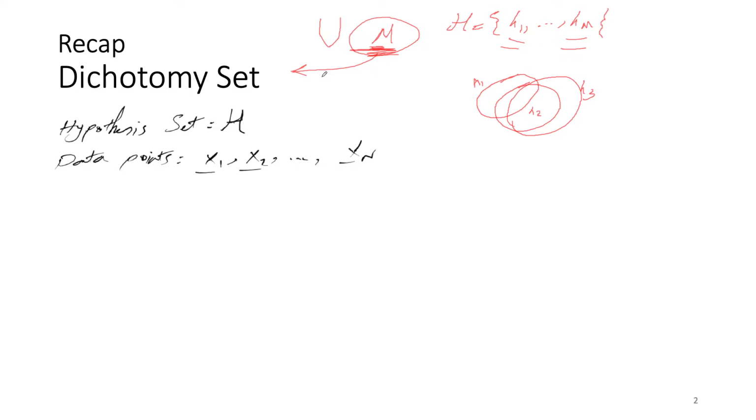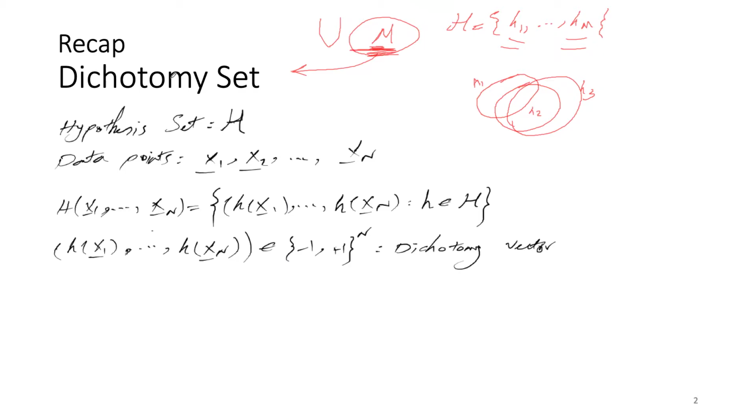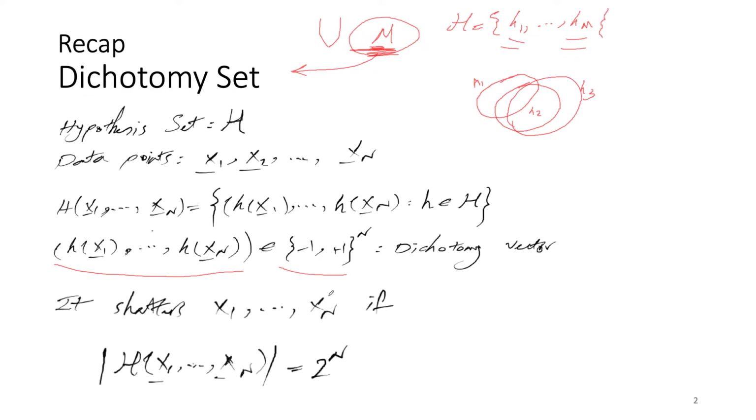So we assumed our set of hypotheses is again called capital H, and we have data points from 1 to n. So we define a dichotomy vector such as this, given our data points.